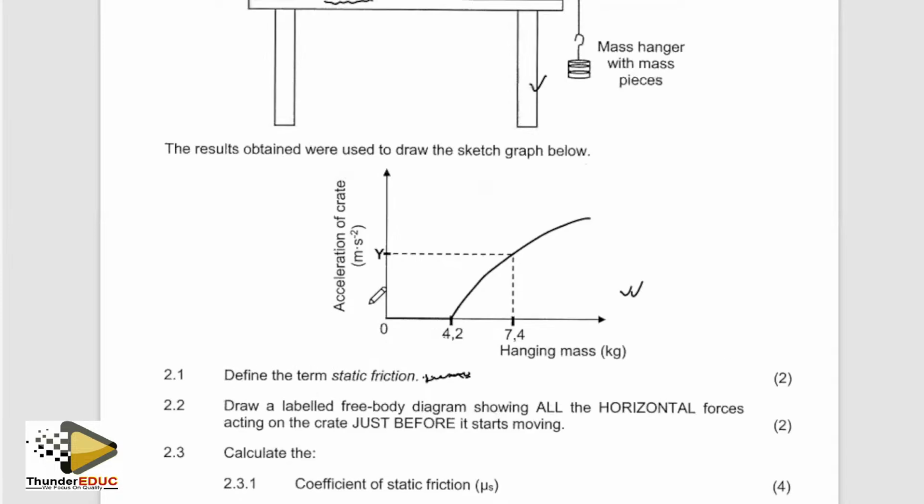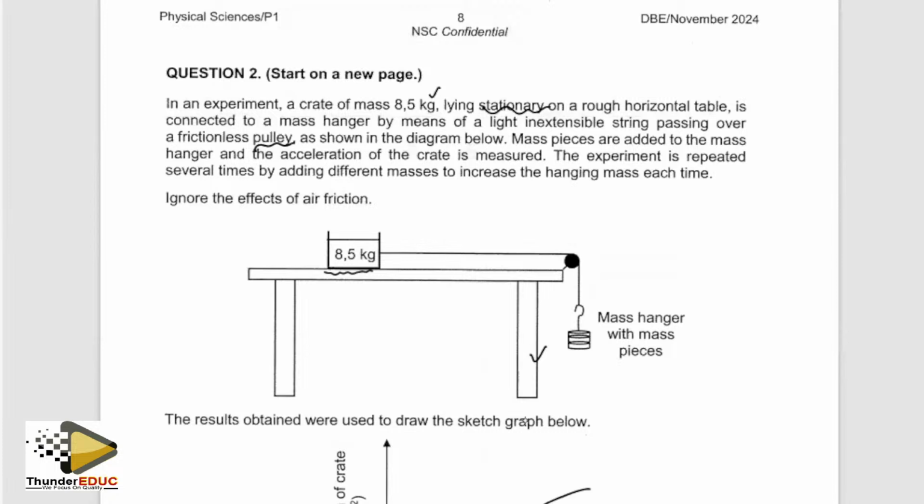Then 2.2, they want us to draw a labeled free body diagram showing all the horizontal forces, only horizontal forces, that are acting on the crate before it starts moving. So there's going to be tension in that direction, and then there's going to be the static friction in the other direction. The tension and the static friction are going to be equal to each other.